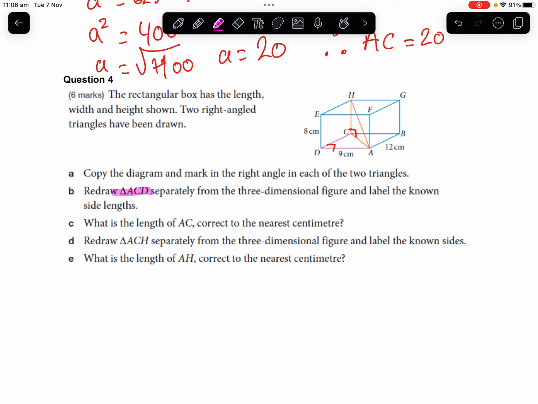Redraw triangle ACD separately from the three-dimensional figure and label the known side lengths. Okay, so ACD, I'll do that here. This is side C, D and A. D to A is equal to 9.